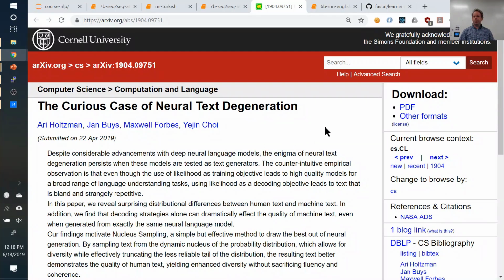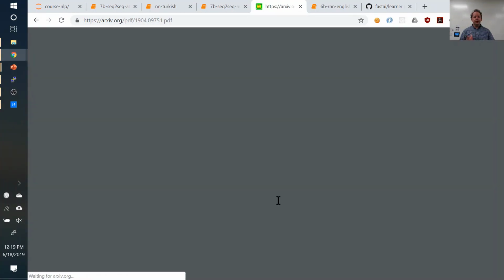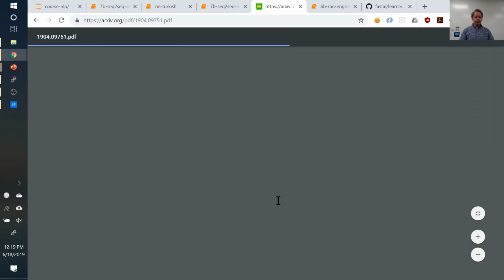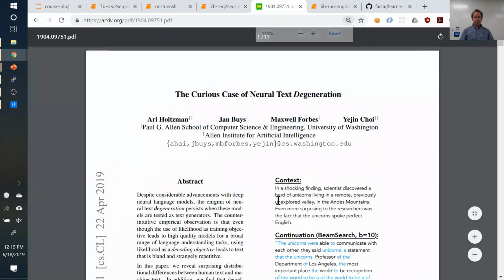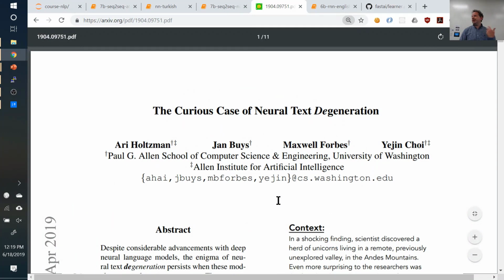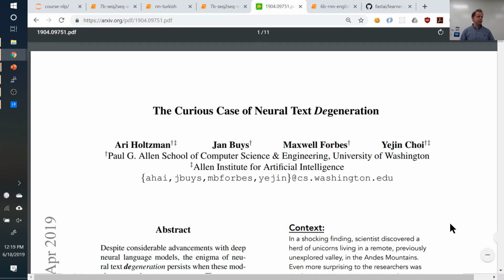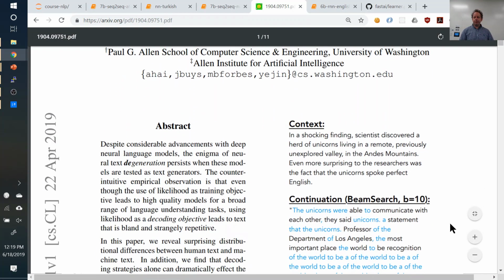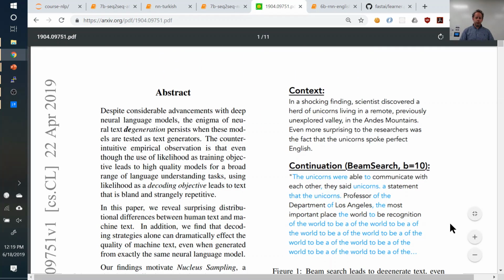And this came from the Allen AI Institute, also known as AI2. And they pointed out something really fascinating, and this is a pretty easy read, so for people who are just starting to get into reading academic papers, this is a good one to check out.